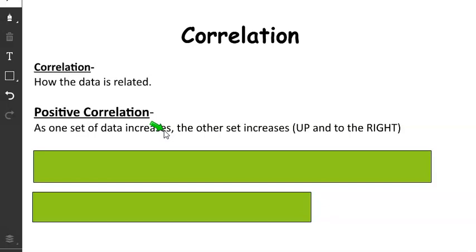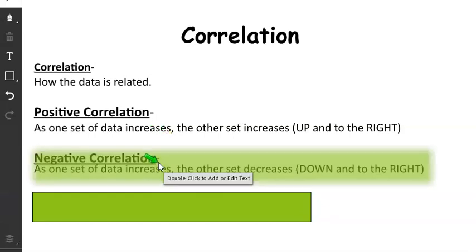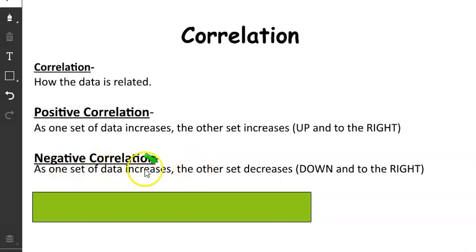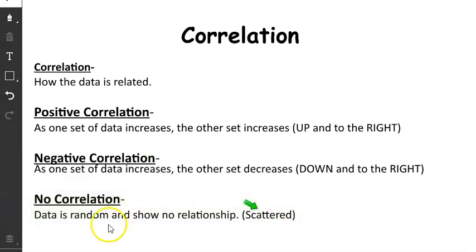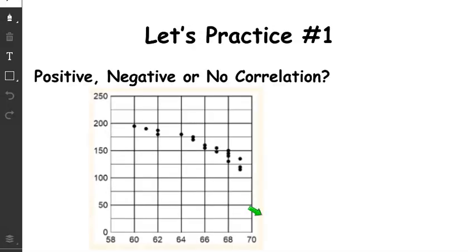As the square footage of the house gets bigger, it's going to cost more money. The negative correlation, as one set of data increases, the other decreases, and it's going to go down and to the right. And if there's no correlation, the data is just random and there is no relationship. So pause this slide and take a photo, and we're going to go through and practice some.